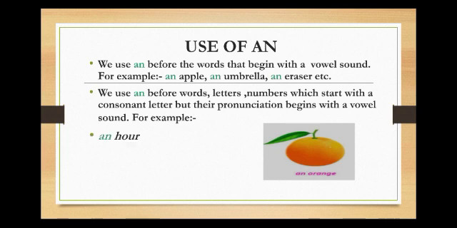For example, an hour. Over here, the H is silent, so the pronunciation is our. It's a vowel sound. Next, an honest man. Over here also H is silent. Honest man. We never say a honest man. That is a wrong pronunciation.